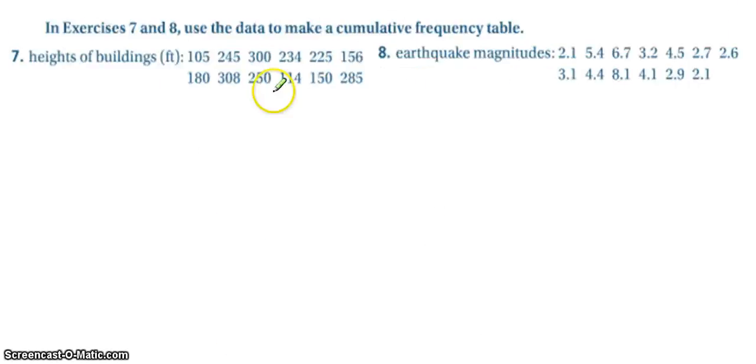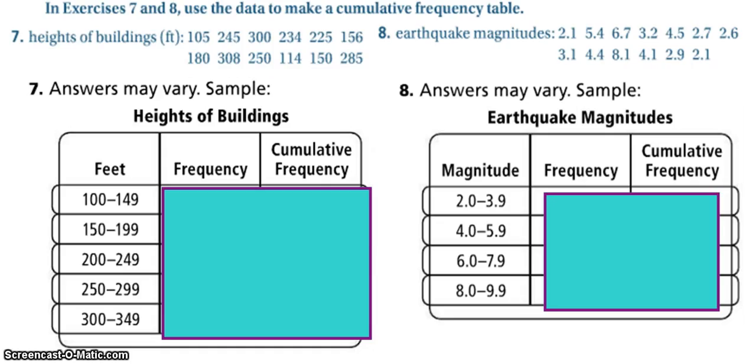In 7 and 8, go ahead and quickly make cumulative frequency tables for these sets of data. The interval I used for my table here for heights of buildings is 50, and then I used a magnitude range of 1.